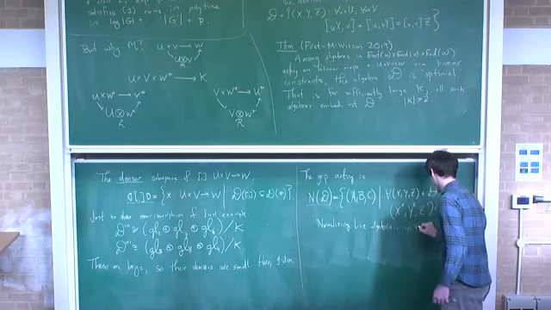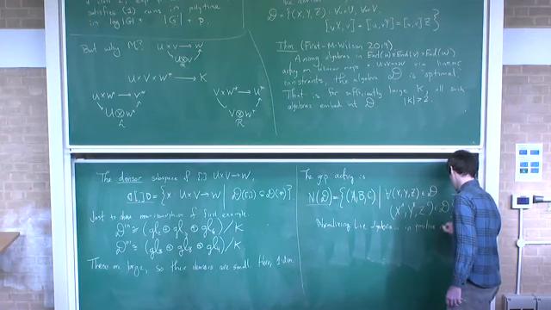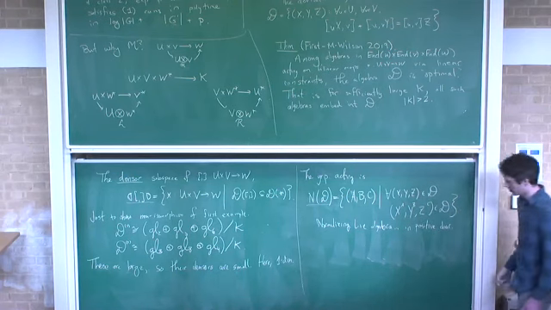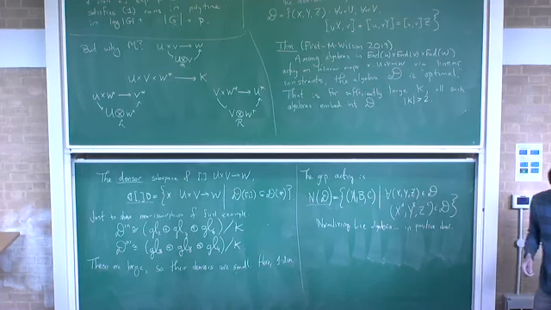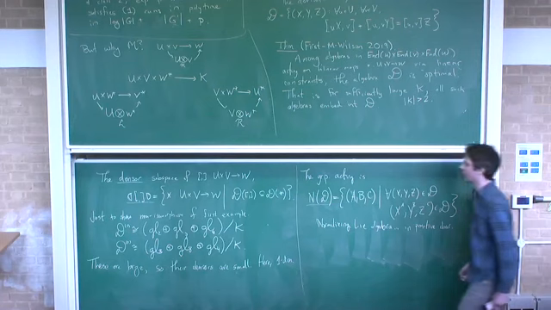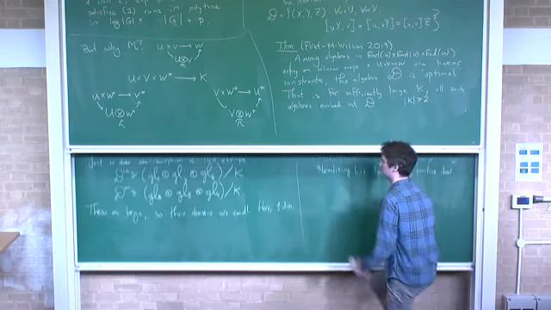And this is in positive characteristic. So this gets very hard, very hard. But I will get to that in just a minute. First, I'm going to move this up.